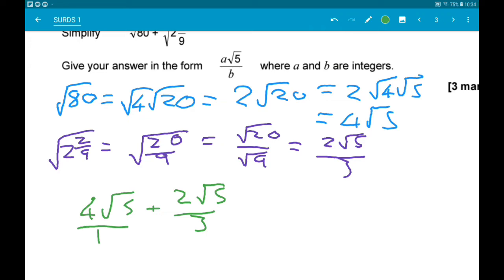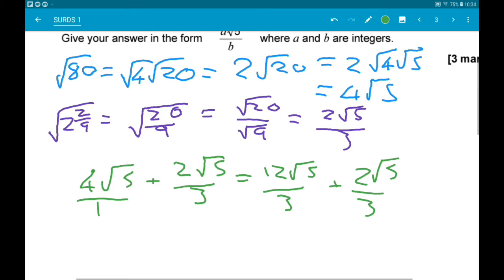So we get 12 root 5 over 3, add 2 root 5 over 3, which then altogether is 14 root 5 over 3.